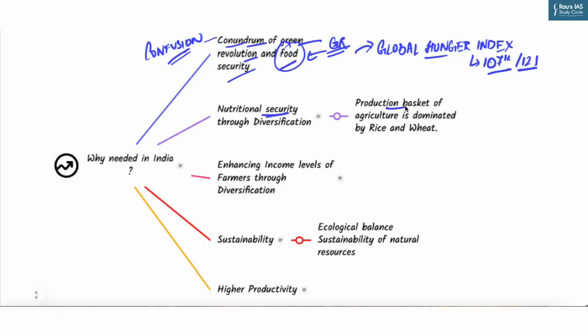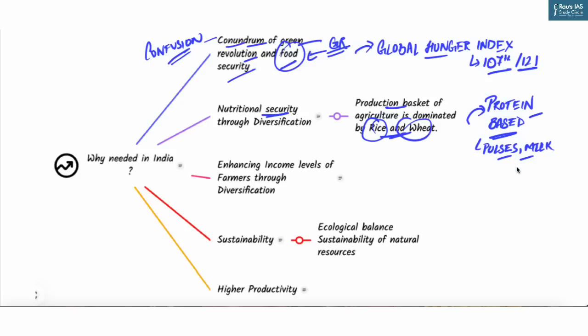Presently, the production basket of agriculture is dominated by rice and wheat. However, there has been a shift in consumption pattern towards more protein-based foods such as pulses, milk, egg, fish, meat, etc. So what is happening? Production basket is dominated by rice and wheat, and current consumption pattern is tilting towards protein-based diet.